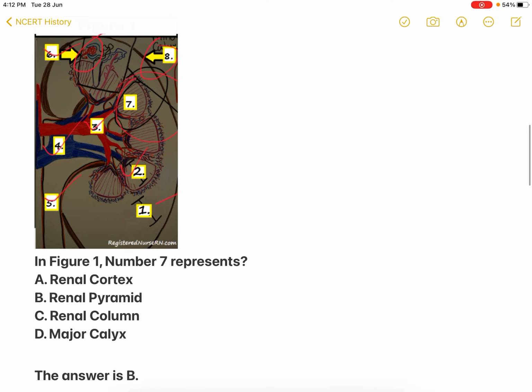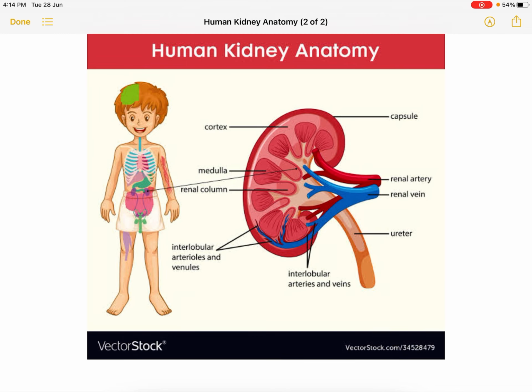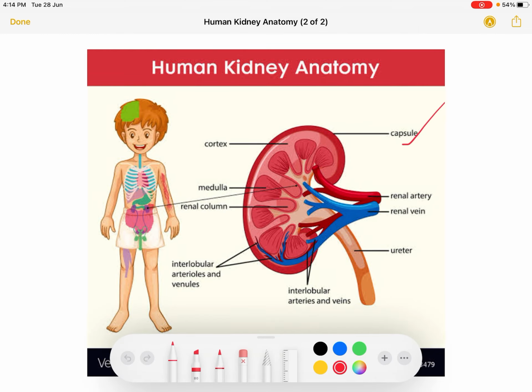Next question. We will be seeing various parts of human kidney anatomy. As you can see, this is a renal capsule, and the red one is a renal artery. It's not renal vein. The renal artery carries deoxygenated blood, whereas the renal vein carries oxygenated blood. And then this is a ureter.